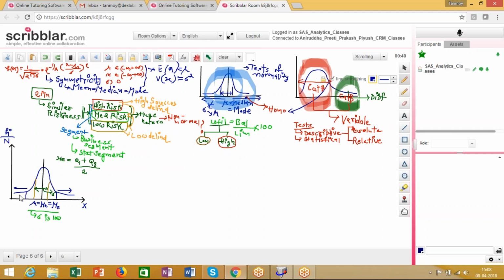If you think about it in terms of percentiles, this part from here is the 95th percentile and above, so it's 95 percentile plus.